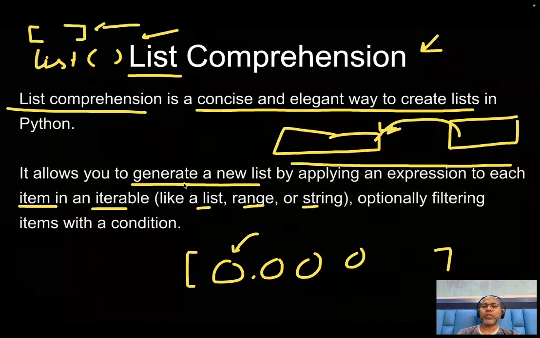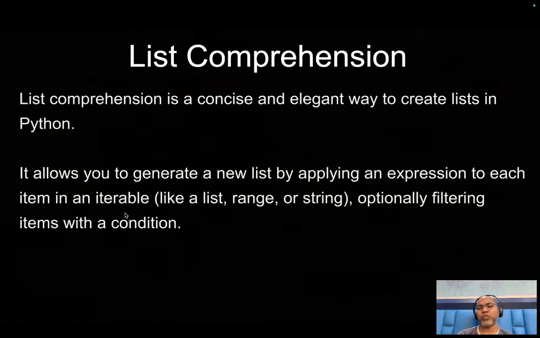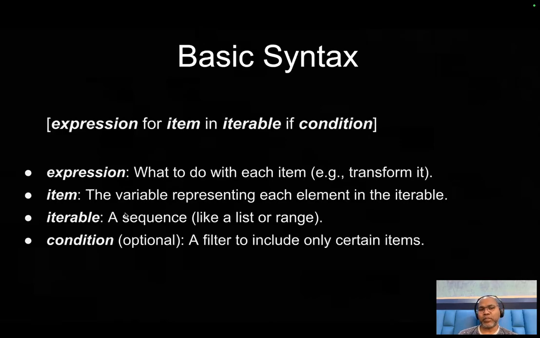So there are lots of options, meaning at runtime, from the existing collection you are building another list. Many applications use this. So we should be aware that a list is not just created from square brackets and the list constructor, but also by applying some expression on existing collections, the iterable.